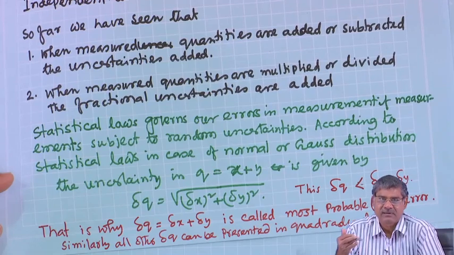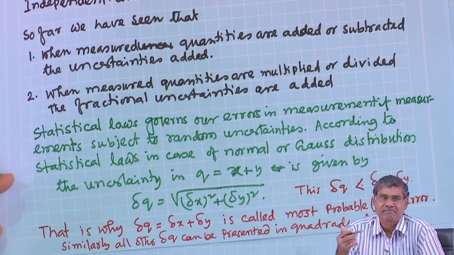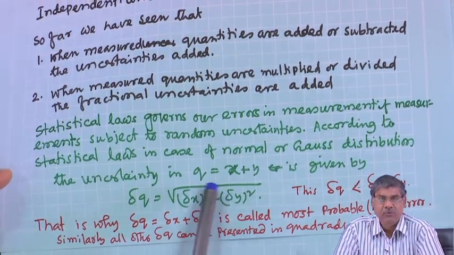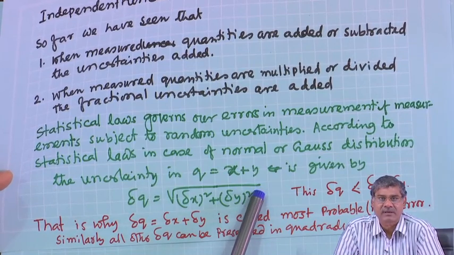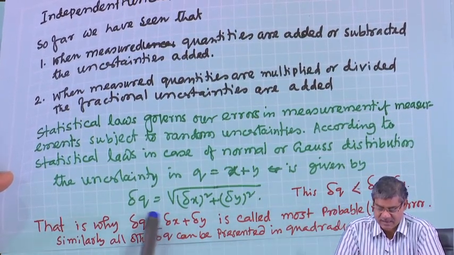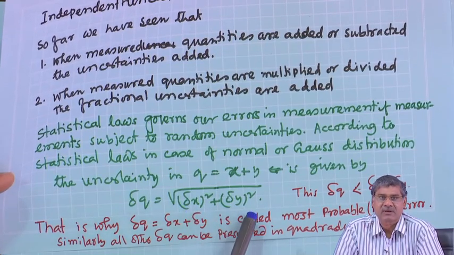So, if your measurement is statistical, in case of random uncertainties, then the uncertainty in q equal to x plus y is given by del q equal to square root of del x square plus del y square.